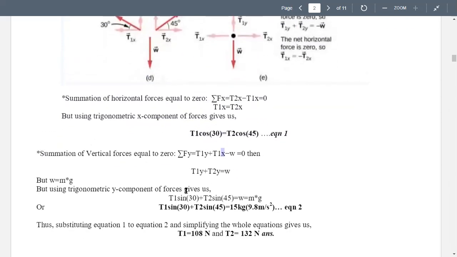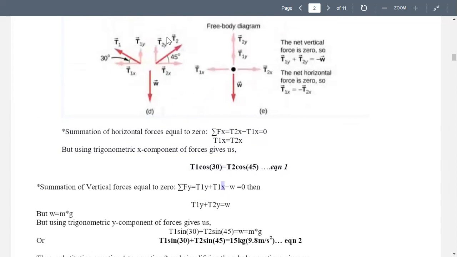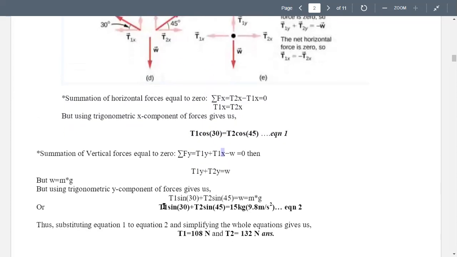How are we going to further expound the y components of the forces? For the y component of the first cable, we are given T1 and the angle 30 degrees, so with the opposite side and the hypotenuse T1, it gives us T1 sine 30 plus T2 sine 45 for the second cable, equated to the weight of the traffic light.